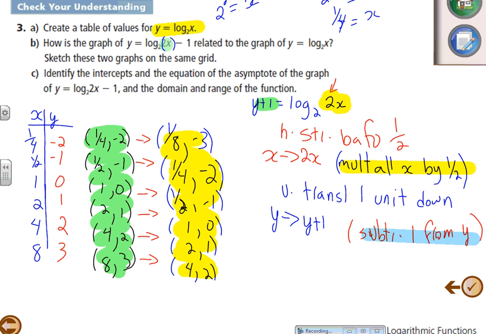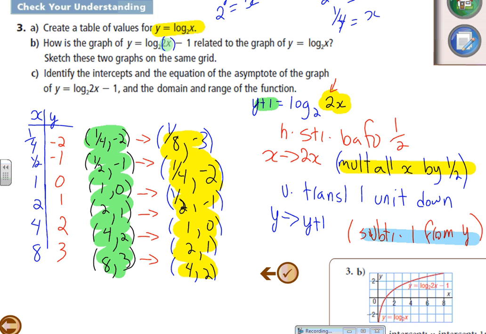When we graph both of those two, even though they are two different graphs, that's kind of wacky. They are one on top of the other, what we call coincident graphs. Let's write that word down. Graphs are coincident. Means they turned out to be the same graphs. They coincide.